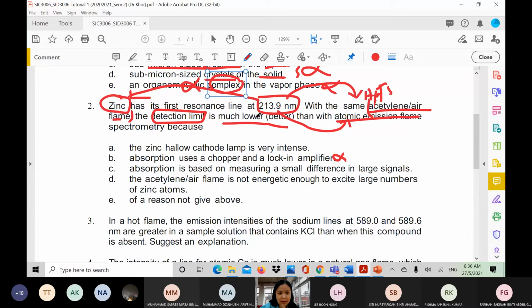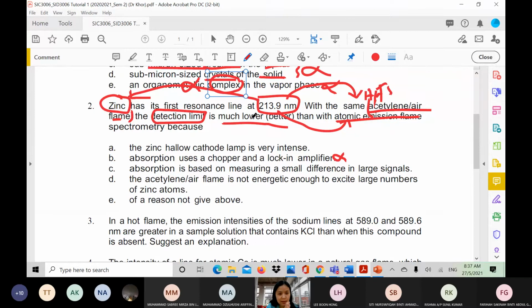That means that at this ppm level, we can detect zinc at 1 ppm or 0.1 ppm. 0.1 will be the sub ppm. Let's say we say 1 ppm. We can have a better signal if we use flame AAS, that we can get a much lower detection limit, meaning more sensitive.